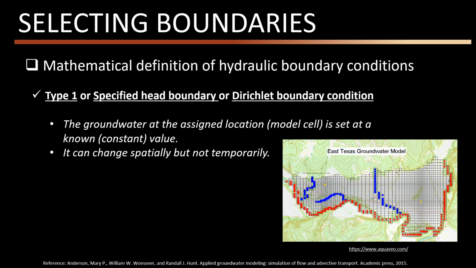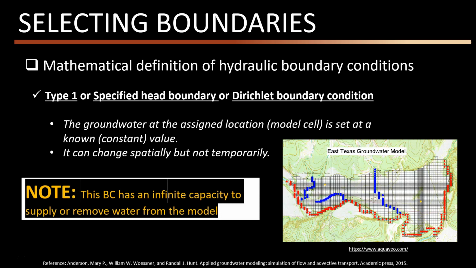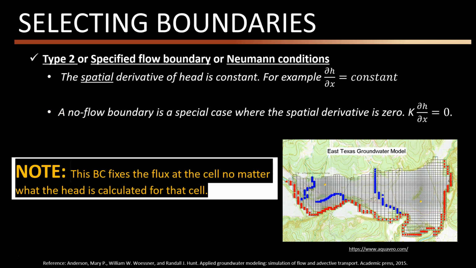We talked about the hydraulic boundary condition. We said that mathematically there are three forms of boundary condition. The first type is the specified head boundary condition. The second one is known as type 2, or specified flow boundary, or Neumann boundary condition.